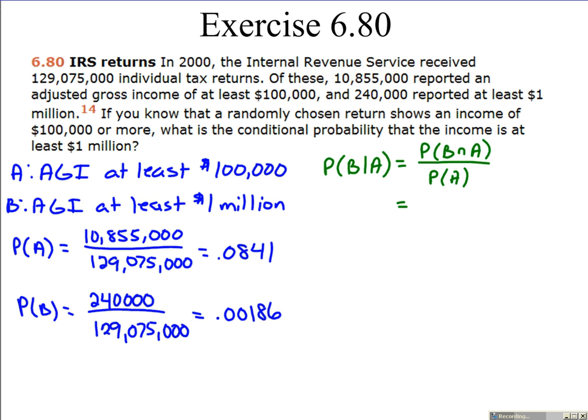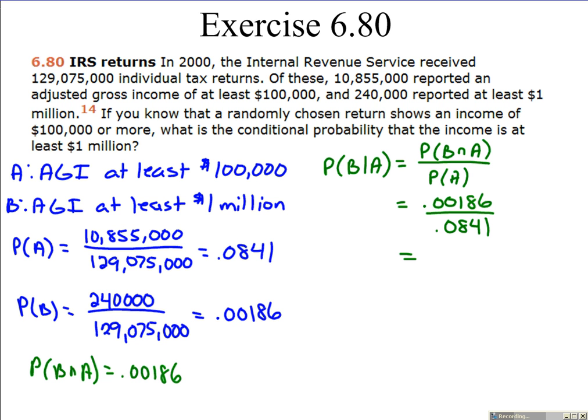Well, what is the probability of B and A happening? Probability that it is over $100,000 and over $1 million is going to be the same thing as just the probability that it's over $1 million, which is 0.00186. So that's going to become our numerator. Probability of event A happening over here was 0.0841.